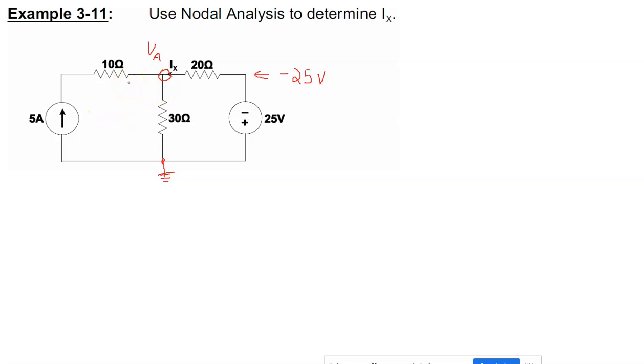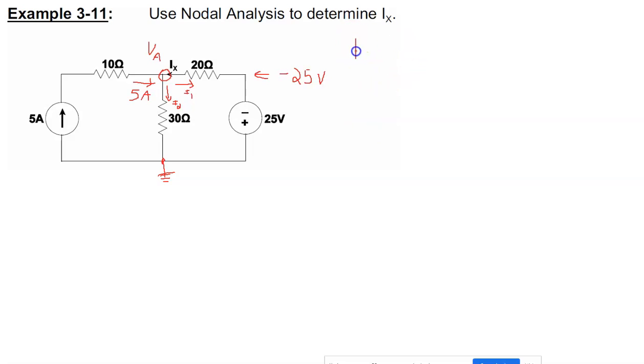You can call it leaving and make it -5, but it's easier for us to say that current enters there, and that's 5 amps. Now IX, I'll normally call that one leaving there, and we call that one I1. You can call it IX and let it enter if you want. I don't think that matters to the solution at all. And down here, we call this one I2. So the sum of the currents that enter equals the sum of the currents that leave.